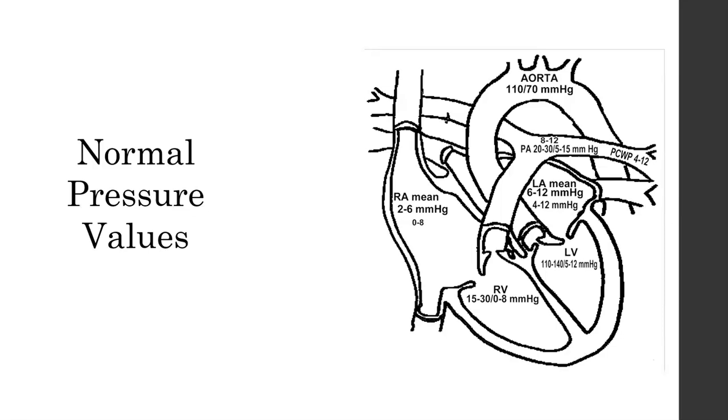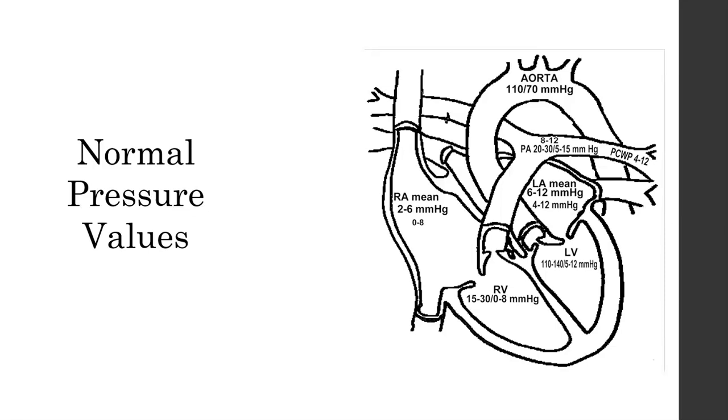Okay, so speaking of normal pressures, or pressures in general, you do need to know what the normal pressure values are. So your right atrium pressure is 2 to 6 millimeters of mercury. Your textbook normal values are what I'm fixing to tell you, but it varies a little bit from this image.